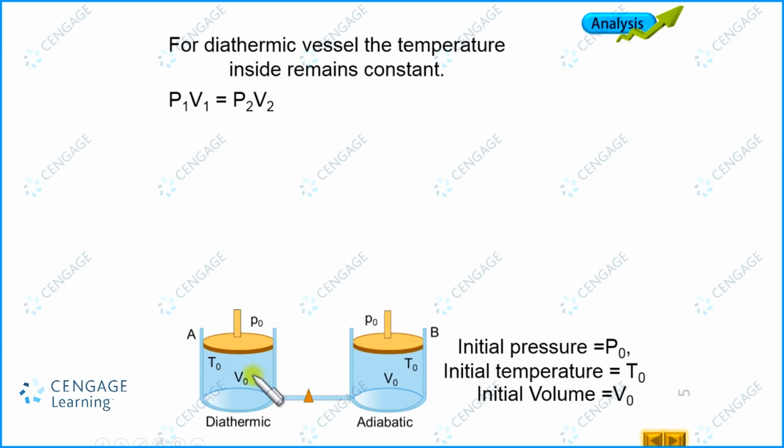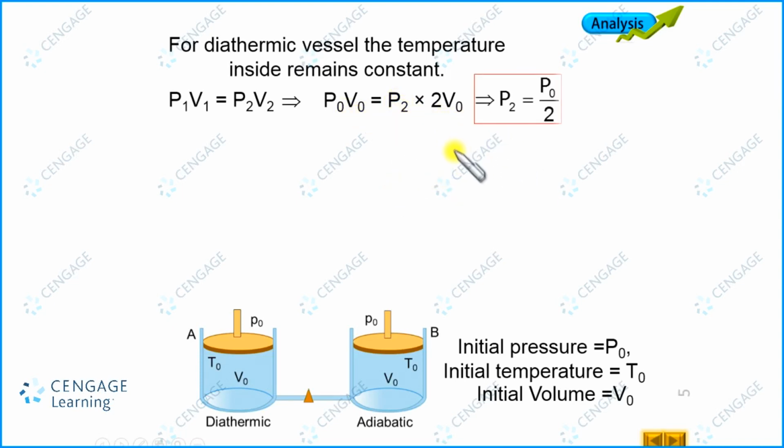And here initial P1 equal to P0, V1 equal to V0, and the final pressure we need to calculate. Say this is P2 and this is twice V0.